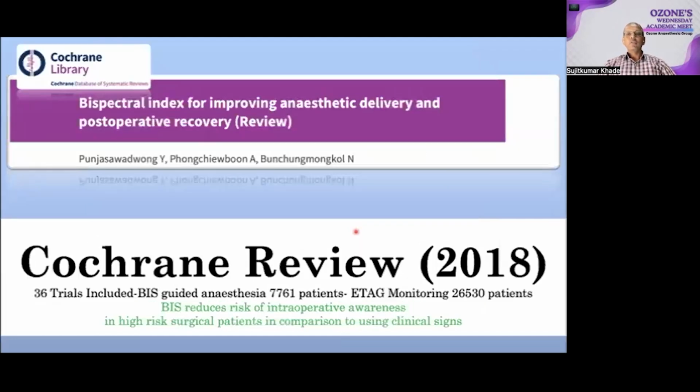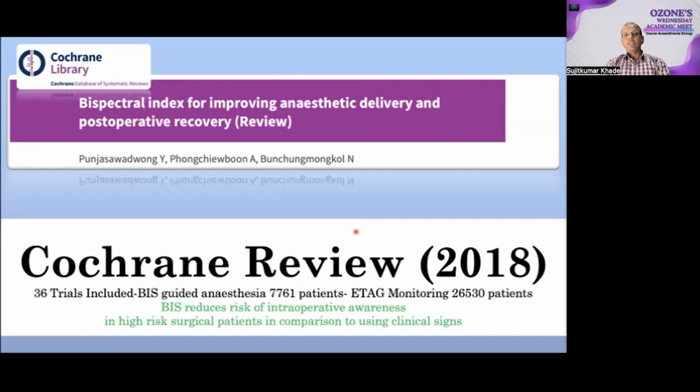To clear the confusion about the effectiveness of BIS or end-tidal anesthesia gas monitoring, we can refer to this update on BIS published in 2018. This Cochrane Review article has included 36 trials with 7,761 patients in the BIS group and 26,530 patients in the end-tidal anesthesia gas monitoring group.